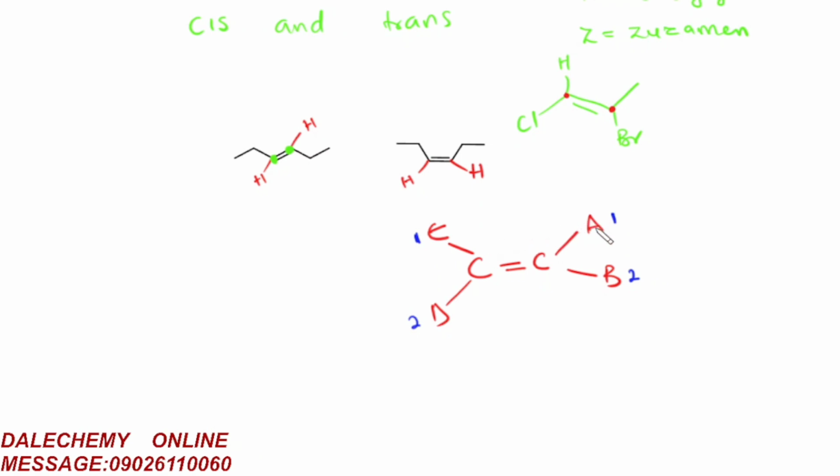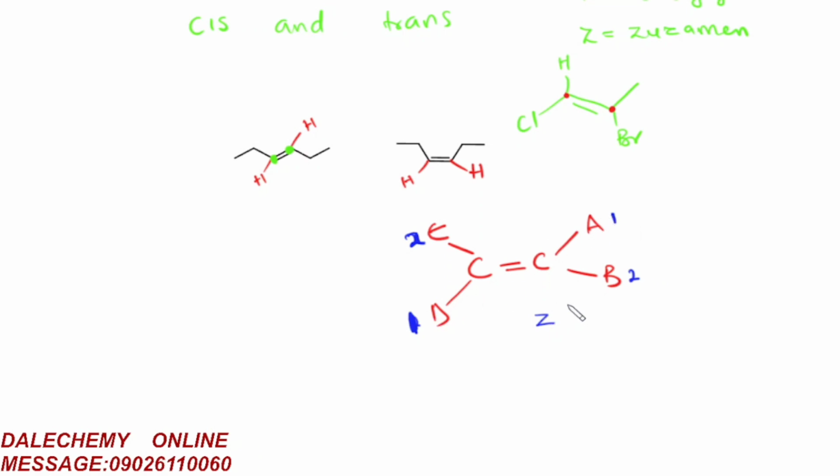If the higher priority atoms or groups of atoms are at the same side, that will be Z configuration. But let's say, for instance, this is 1 and this is 2, and the higher priority for this carbon is A, and for the other one it is A. So they are at opposite sides.